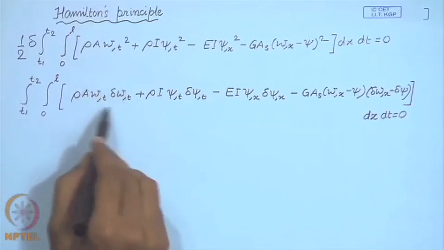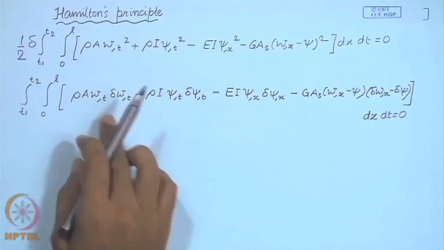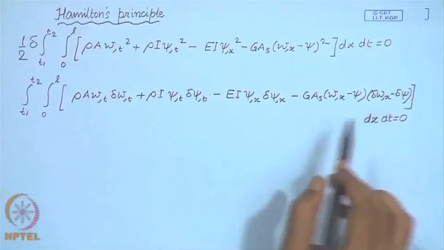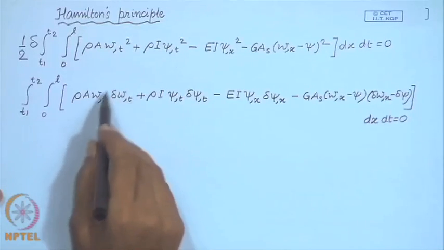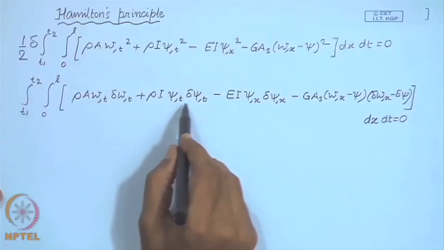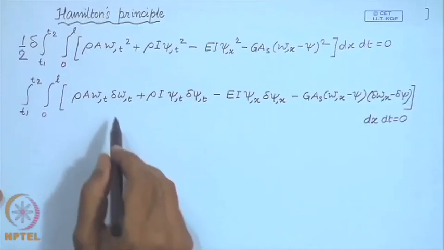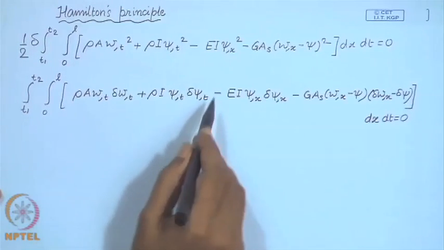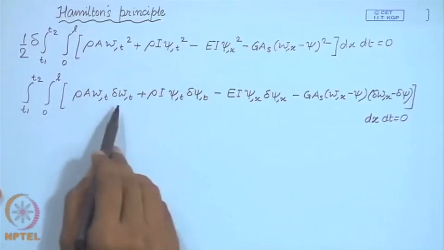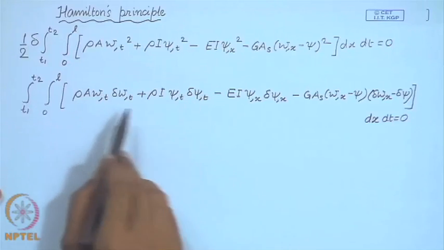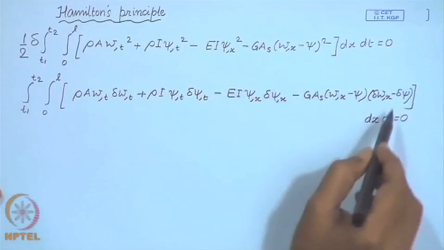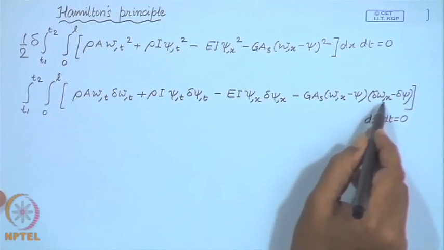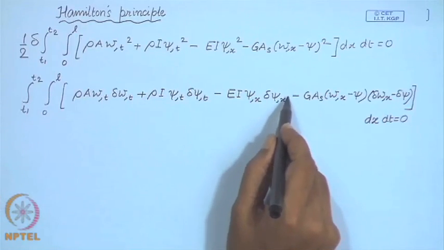Now, we want to take the variation delta w out as a common factor. In order to do that, we have to integrate this by parts with respect to time, and this by parts again with respect to time, and these steps we have discussed many times before. So, those terms at T 1 and T 2 must vanish. Now, this term and this term we have to integrate by parts with respect to space.